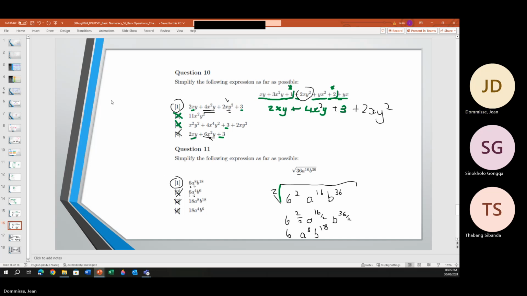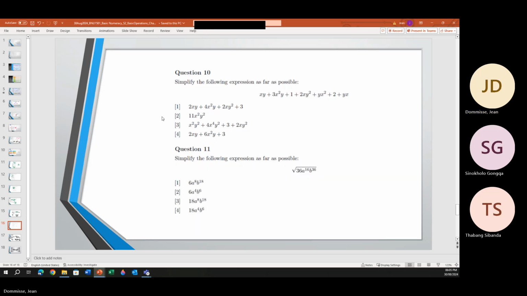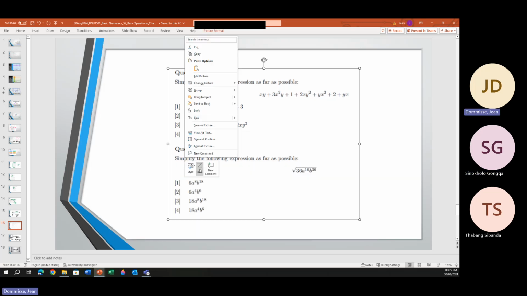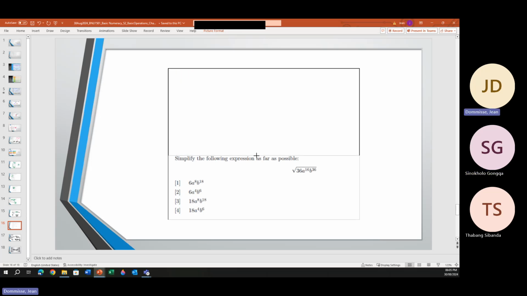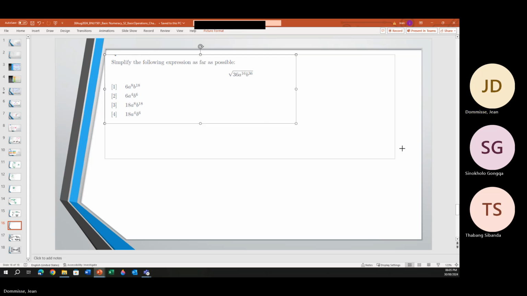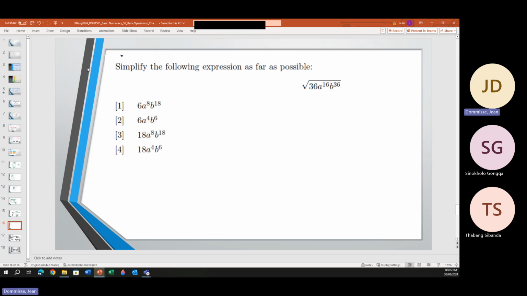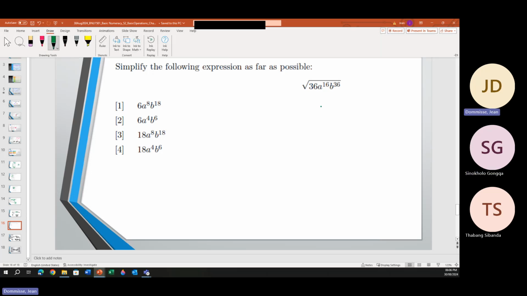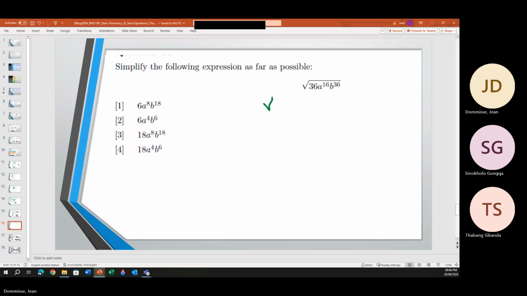I'm now gonna explain it also a bit differently from the previous. So let's quickly look at this one. How we can also look at this is to say it's 36.